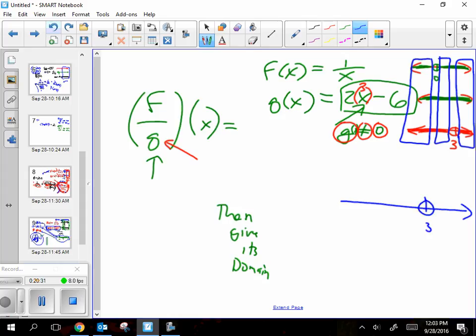Can't be 3. Can't be 0. It can be anything other than that. So there it is in number line form. If you want to make it interval form, you'd say negative infinity to 0 with parentheses, union, parentheses, 0 to 3, parentheses, union, 3 to infinity, parentheses.